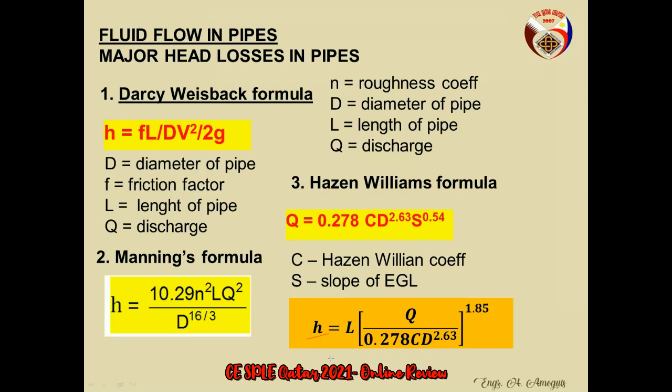So Q over 0.278, times C D raised to 2.63, equals S raised to 0.54. But your S is head loss over L. To get rid of the 0.54, raise it to 1 over 0.54, and that is 1.85. So these three equations you need to memorize when it comes to pipe systems.